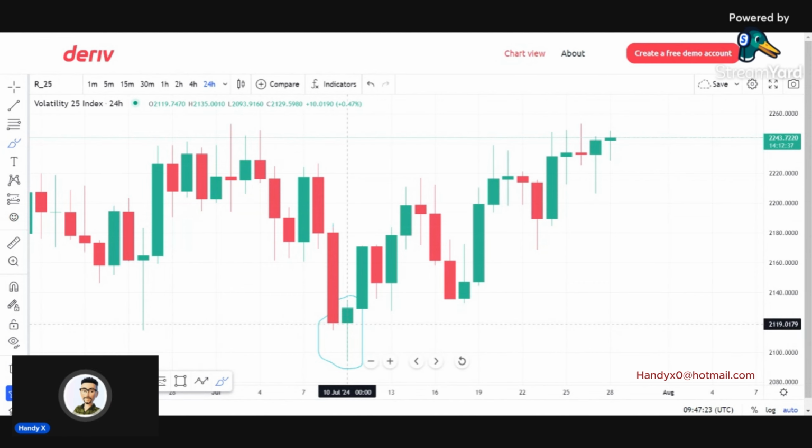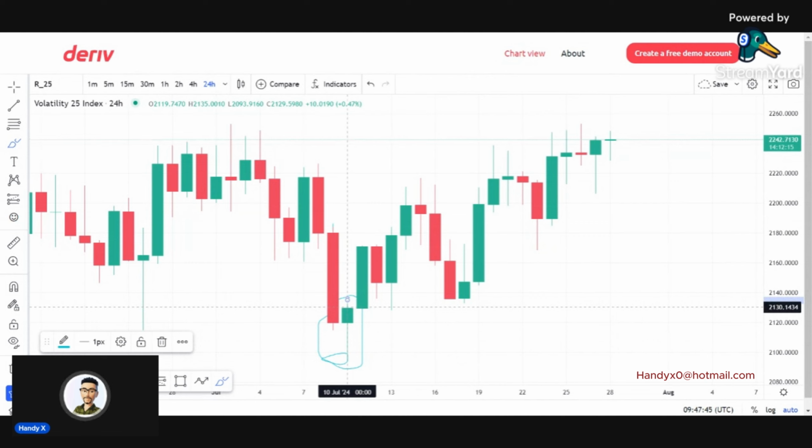What it's telling us is that the market went all the way down to this point and came back up. That means the market opened at this point, went all the way down, then came back up, and then came back down and closed at this point. That is for another 24 hours. Each candle you see represents the activity in the last 24 hours.